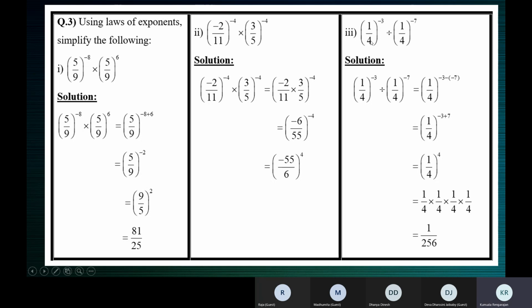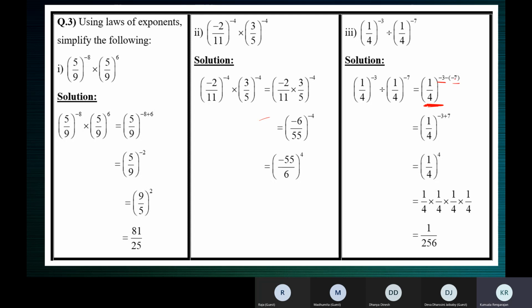In the next one, in question number 3, the bases are the same, 1 by 4, 1 by 4. It's division, so we have to subtract the powers. Write the base 1 by 4 and subtract the powers.